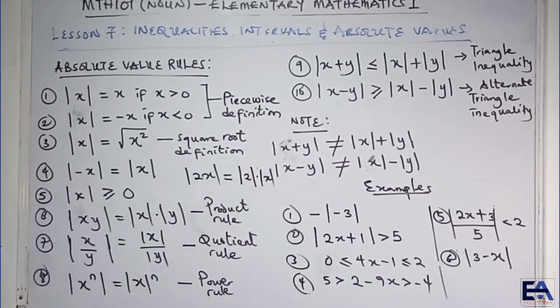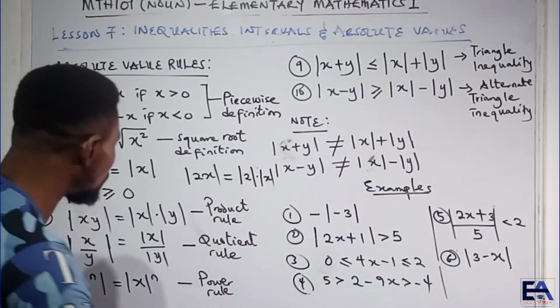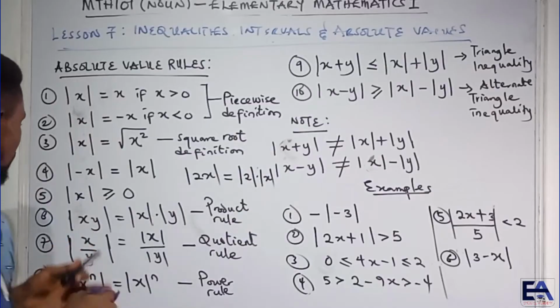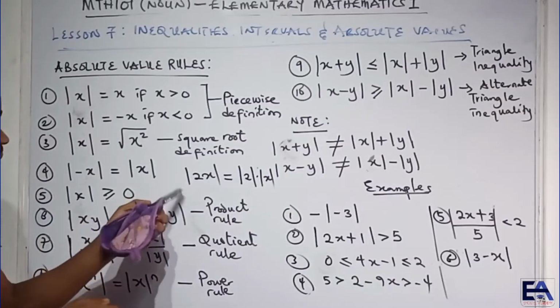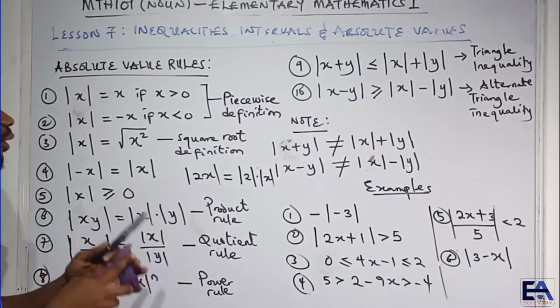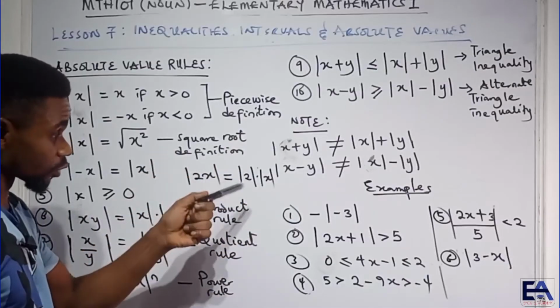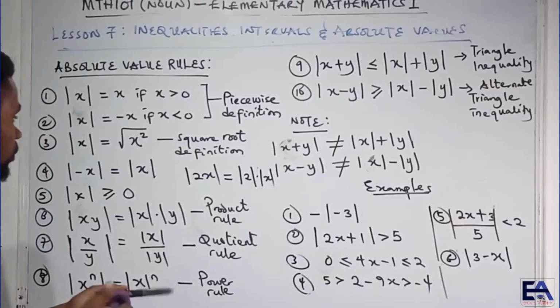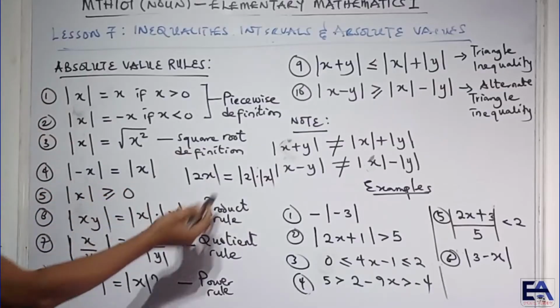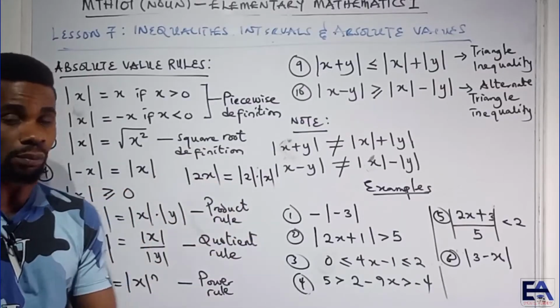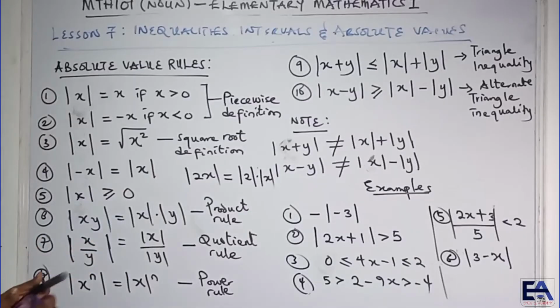If 2 was negative, like the absolute value of minus 2x, you will still have the absolute value of minus 2 multiplied by the absolute value of x. Or you use this rule, and at the end of the day, the answer will still be positive 2x.